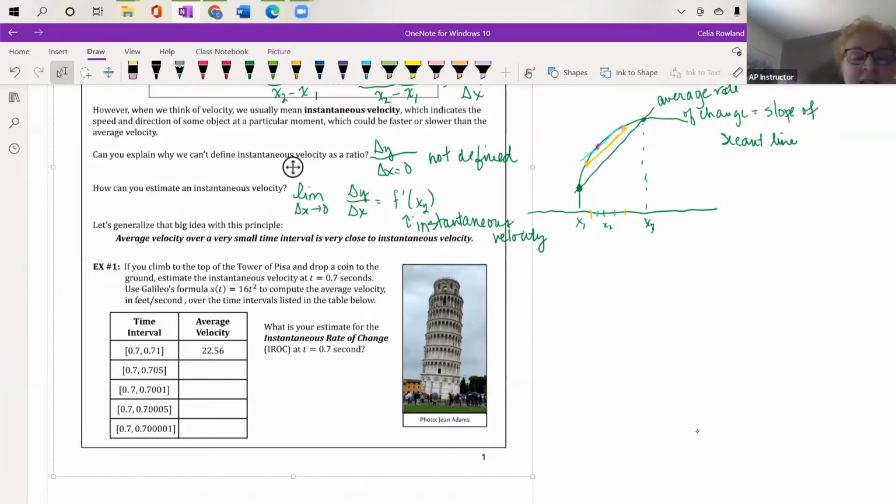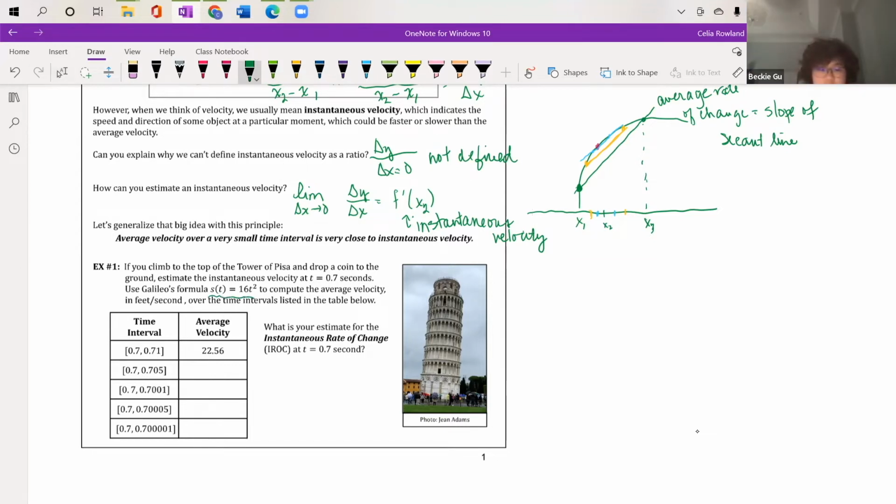So if we wanted to see what was the instantaneous rate of change, I could go in here and use this for the Tower of Pisa here and say, find the average velocity over the top. If I take this function right here, and we wanted to find what the instantaneous velocity is at t equal to 0.7 seconds. So we're going to do it from two intervals.